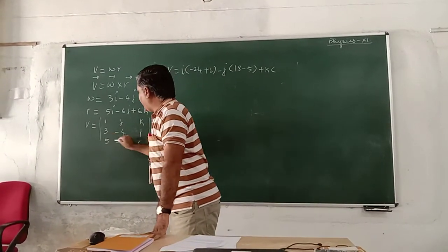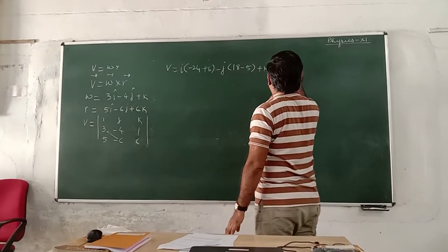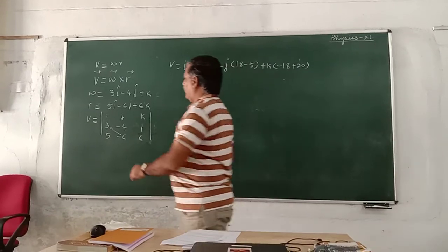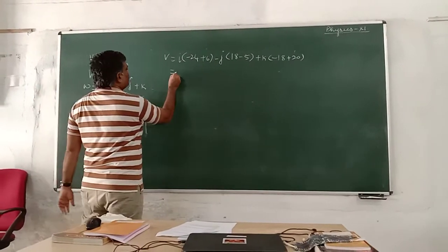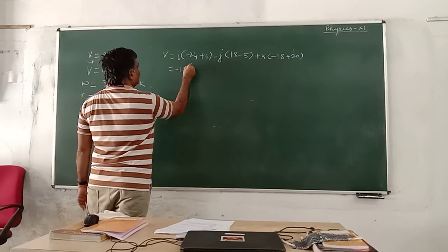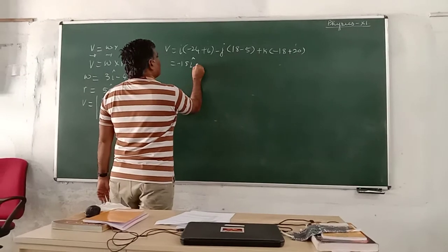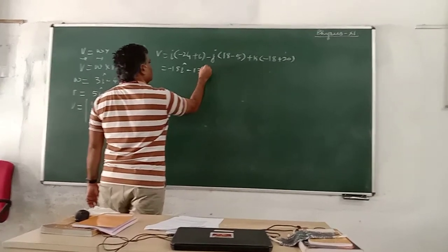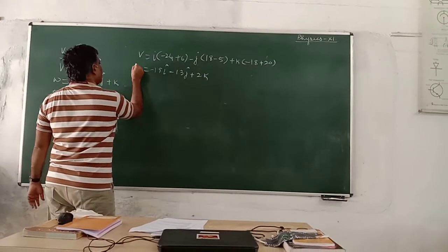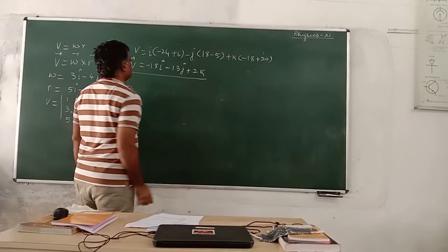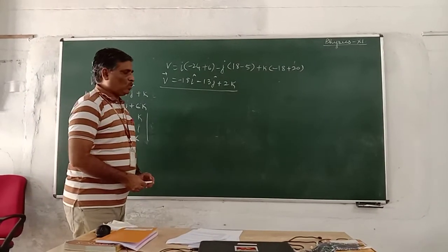Minus 18 plus 20, that is minus 20 will become a plus 20. So it becomes minus 18i, here it is minus 13j, there it becomes plus 2k. V is equal to minus 18i minus 13j plus 2k.